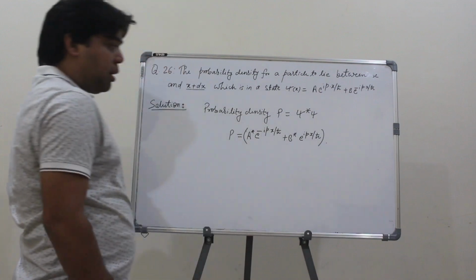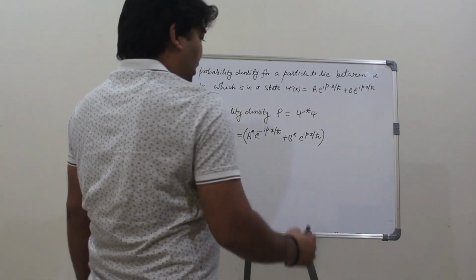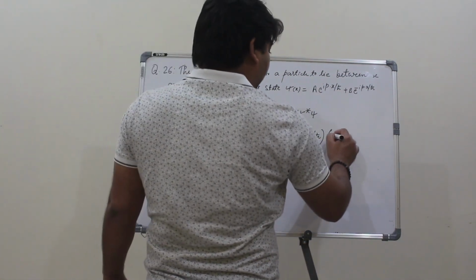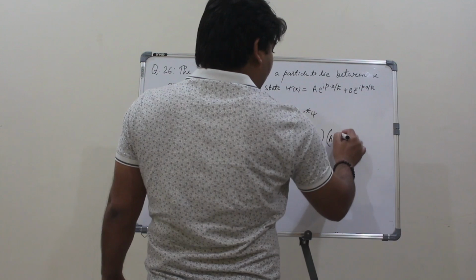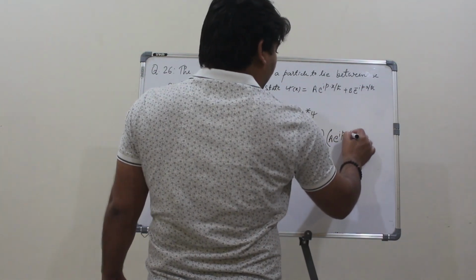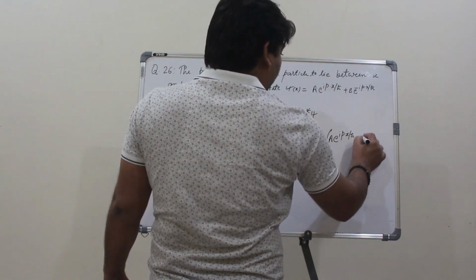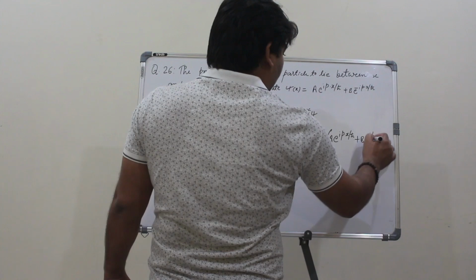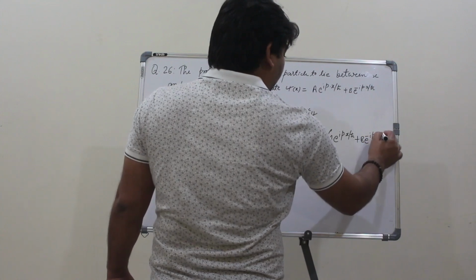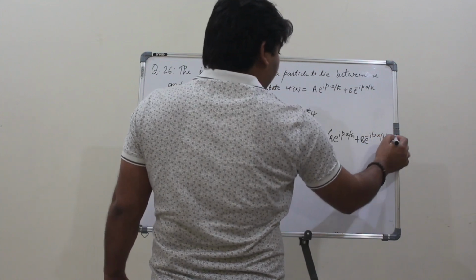This is psi star, multiplied by psi, which is A e to the power i p·x divided by h-cut plus B e to the power minus i p·x divided by h-cut.